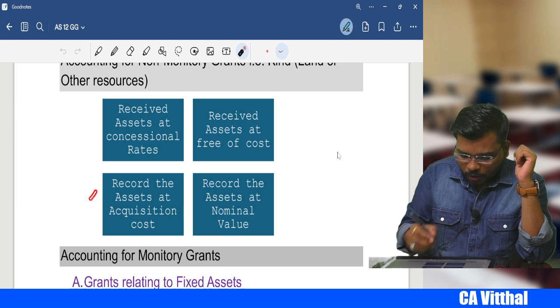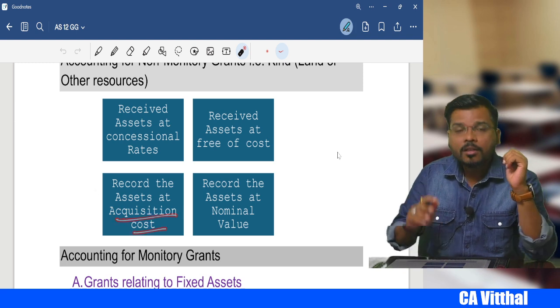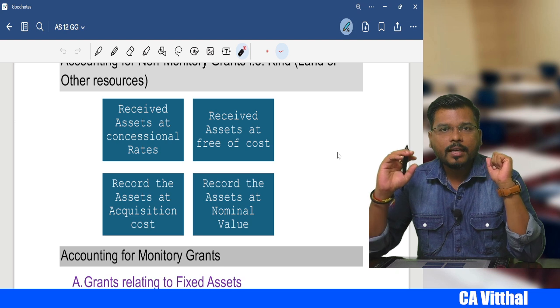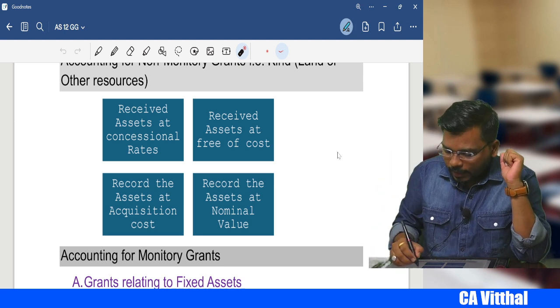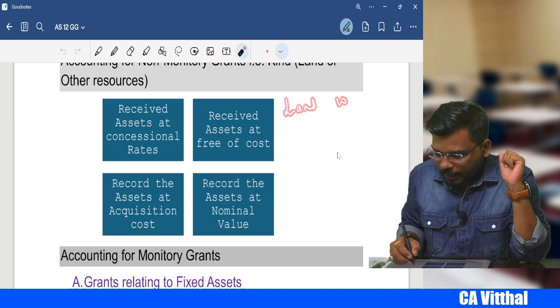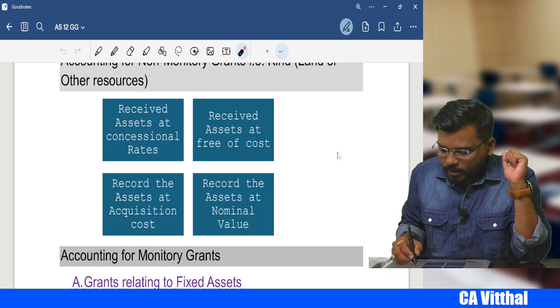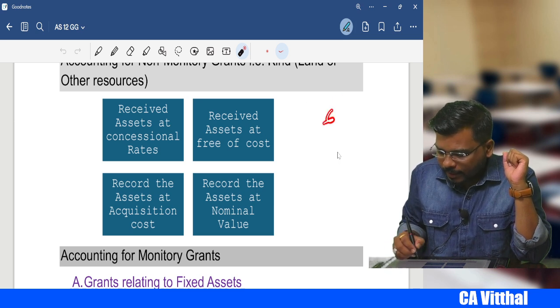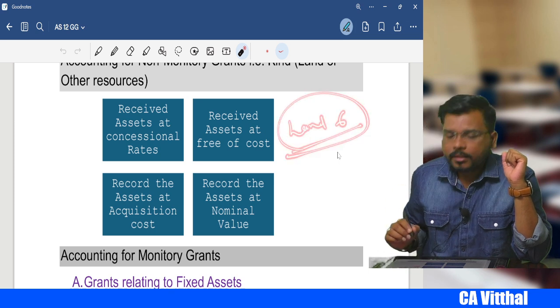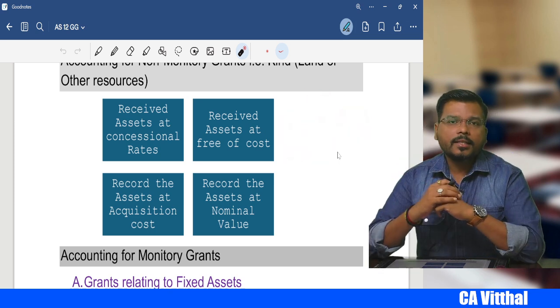You should record it at the acquisition cost. At which cost you acquire, that cost you should record the asset. For example, let's say the land cost is 10 lakh and the government is giving it for 6 lakh. Then we should record this land in our books of accounts for 6 lakh rupees.